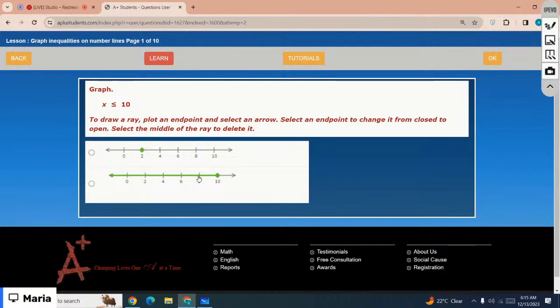The correct option is option number 2. x is less than or equal to 10 means 10 is included in the solution. Also, all the numbers that are less than 10.